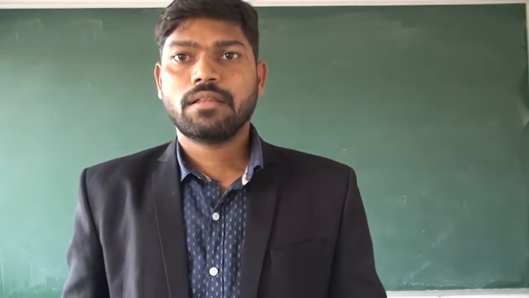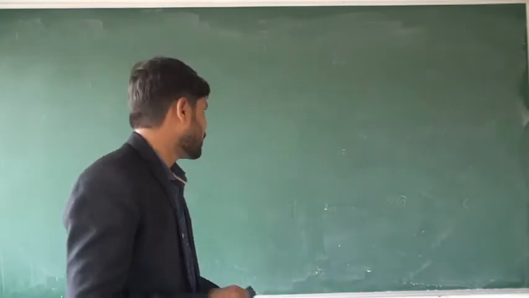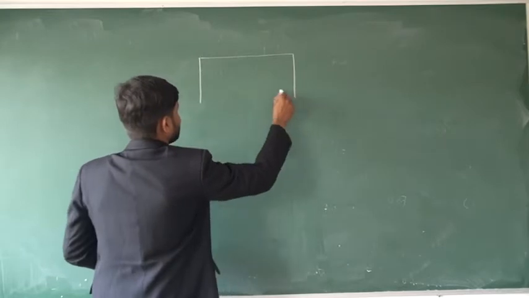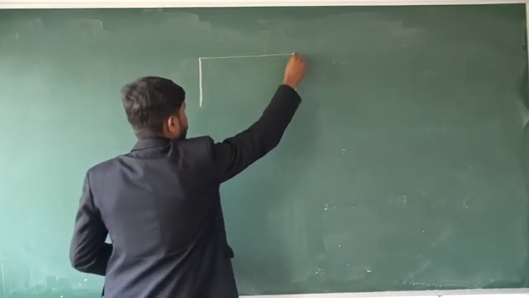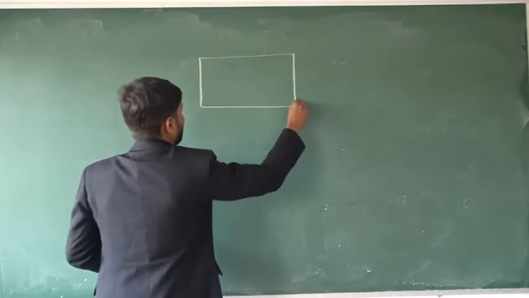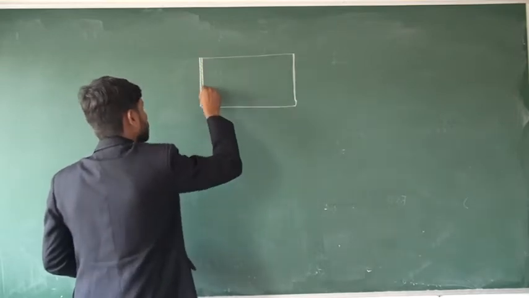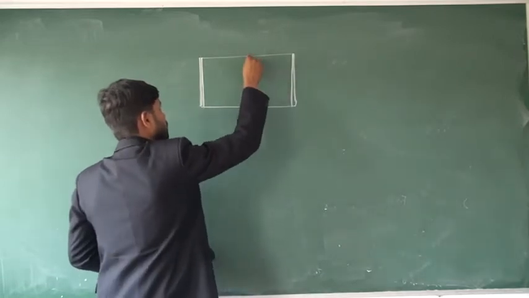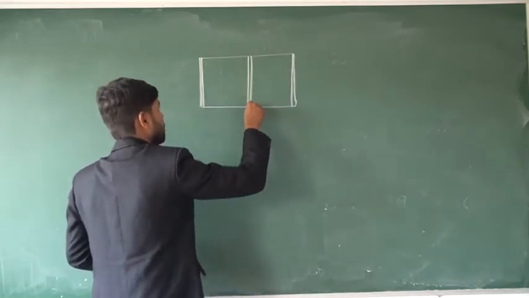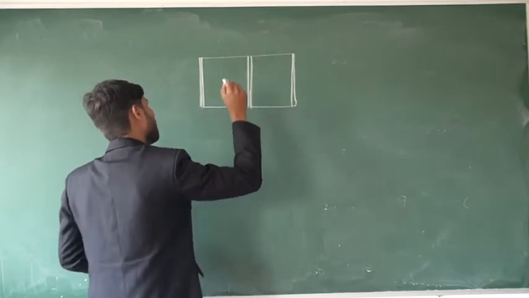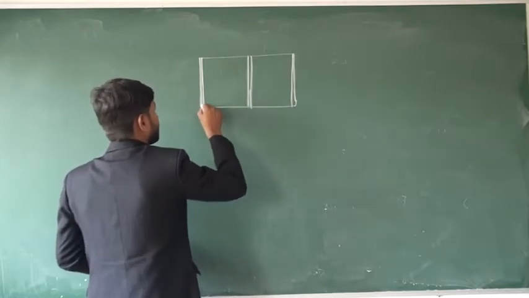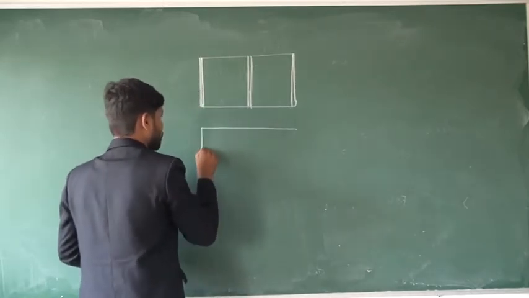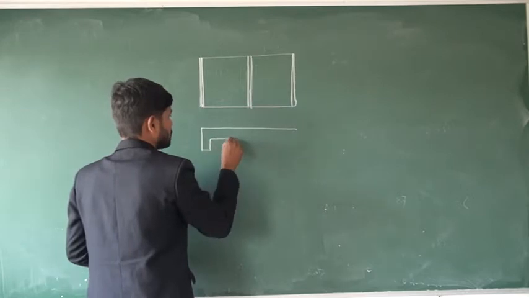Now I will explain it diagrammatically. Suppose this is a floor plan of beams. So these are the corner beams and this is the middle beam. Now if you take the section of this, you will get a figure like this.